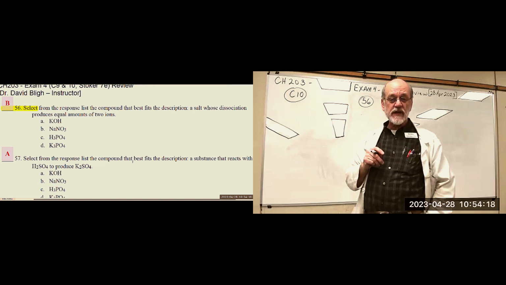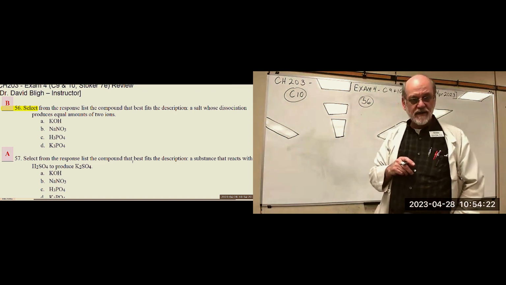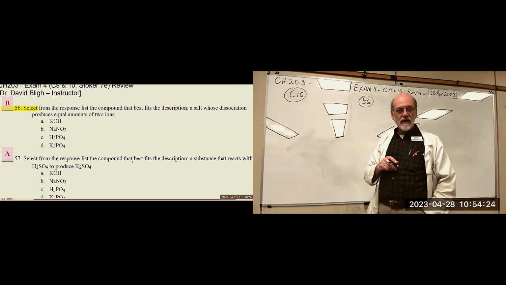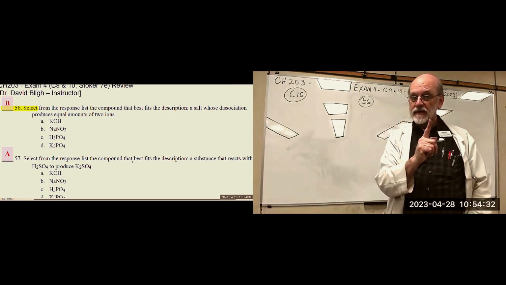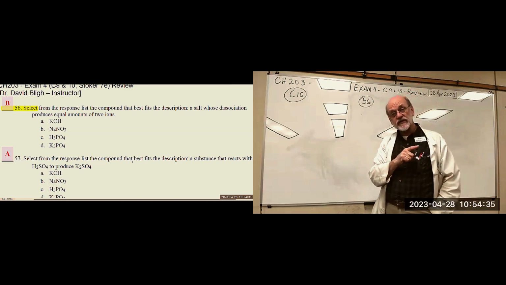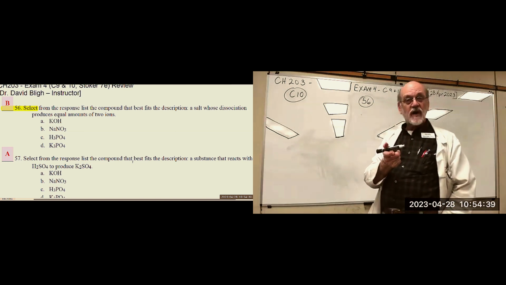A salt whose dissociation produces equal amounts of 2 ions. Equal amounts. First, it has to be a salt. KOH dissociates into equal amounts of positive and negative ions, but it's not a salt.